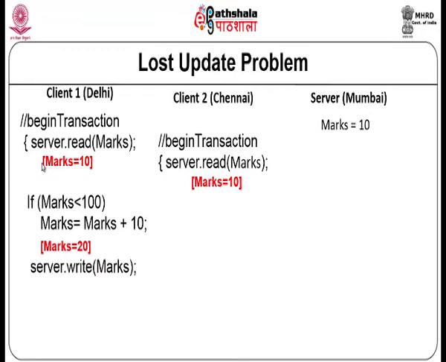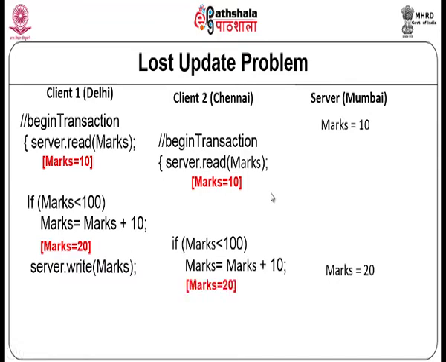So, now the value of the marks is 20, but if this Chennai client continues, then it executes this instruction on the marks that it has brought, which is 10, and again says marks is marks plus 10, which is 20, and it writes back. So, it overrides the earlier 20 and it does not make any changes.